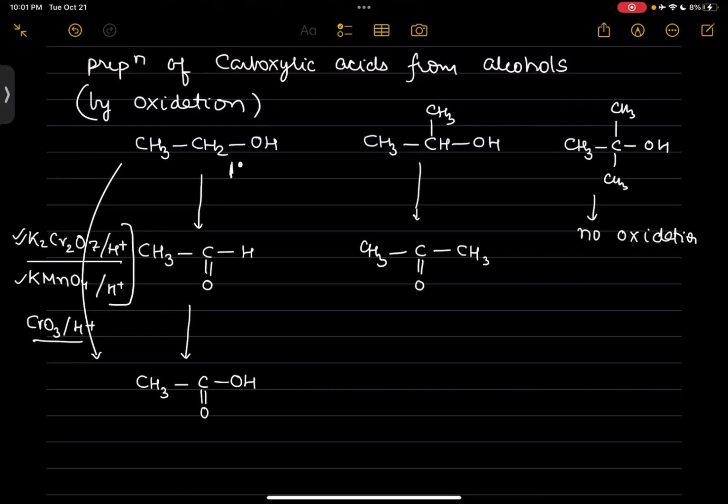Acidified potassium dichromate. Got it? And this CrO3 in acidic medium, Jaslene, it is chromium trioxide in aqueous acetone. This is also known by the name of Jones reagent.